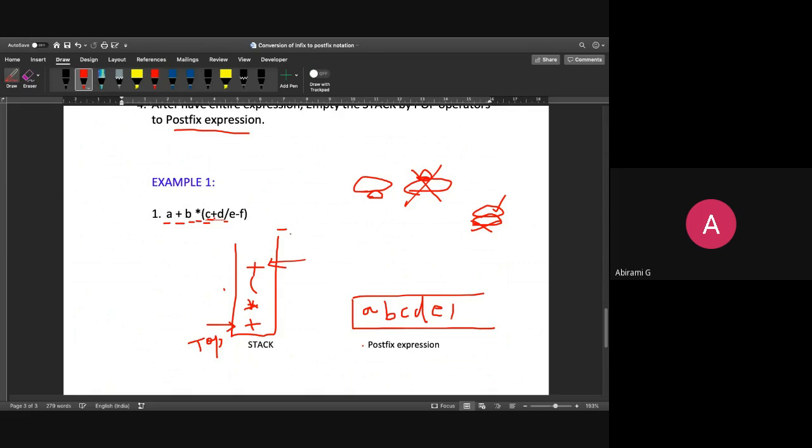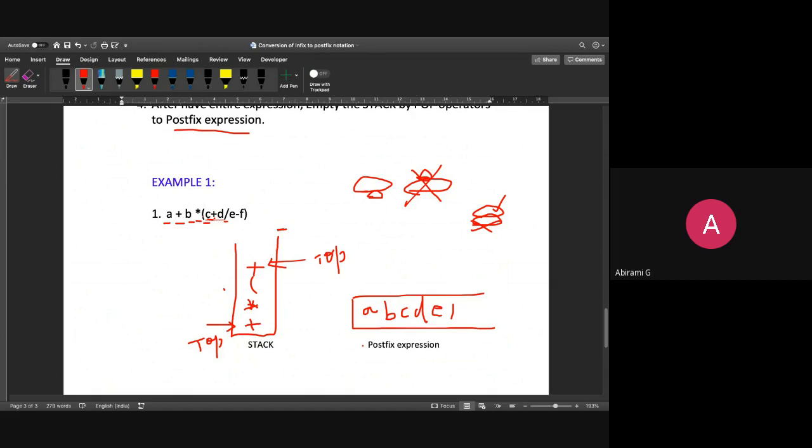Before that, I need to check again which is the top of the stack. Since slash has been moved to the postfix expression, the next top is plus. Again the top of the stack is plus, and here is minus. Both have equal precedence. If it is equal precedence, what do we have to do? We need to check the left to right associativity rule, which means the one which comes first should be removed.